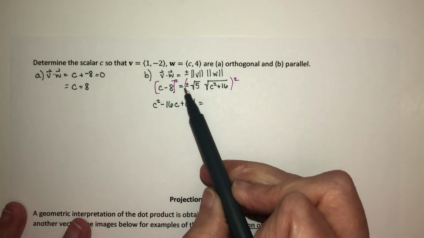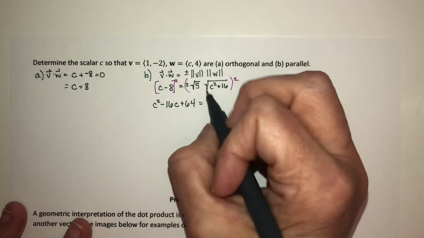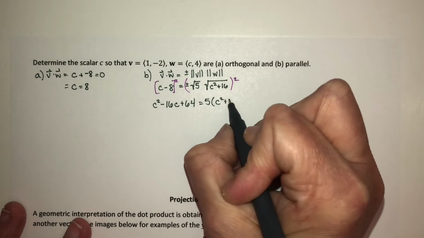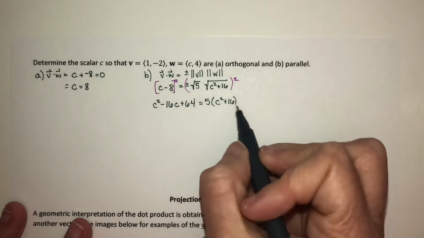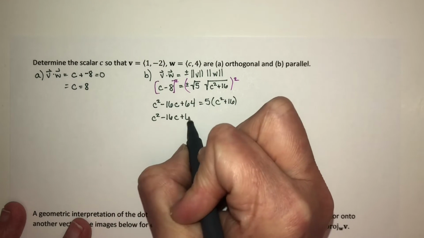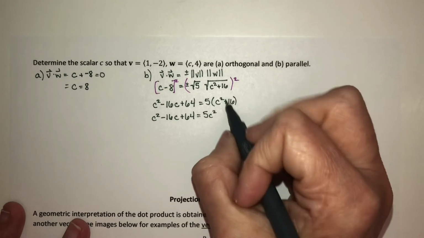And it doesn't matter whether this is plus or minus. When I square it, it becomes positive. So this will be 5 times c squared plus 16. Distribute. It's 5c squared plus 80.